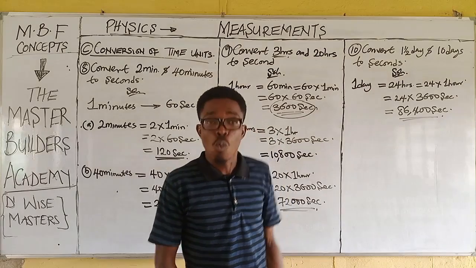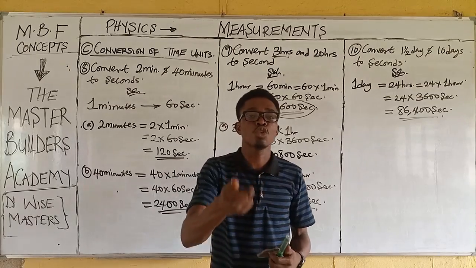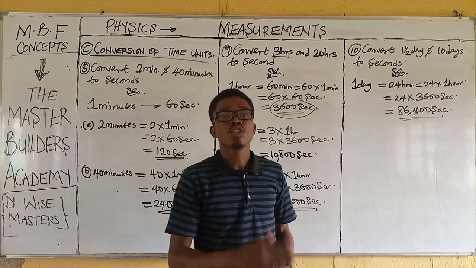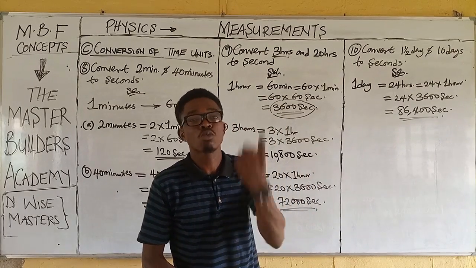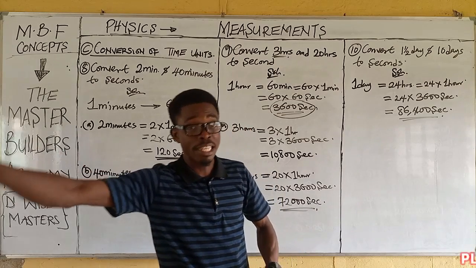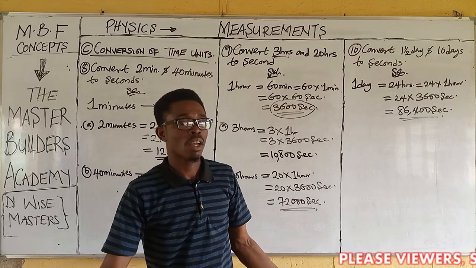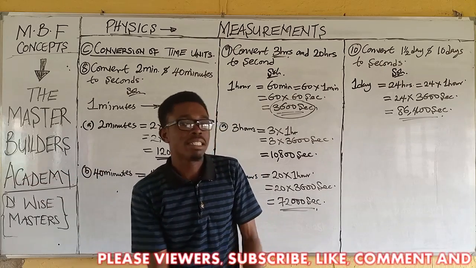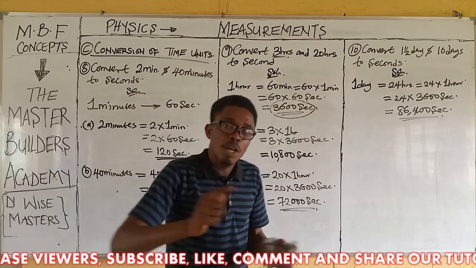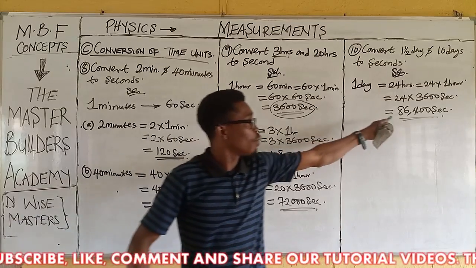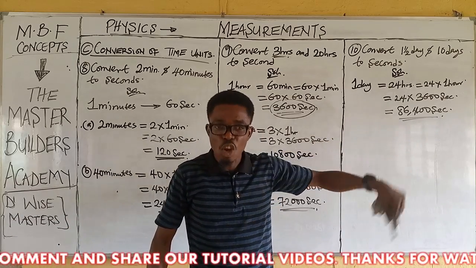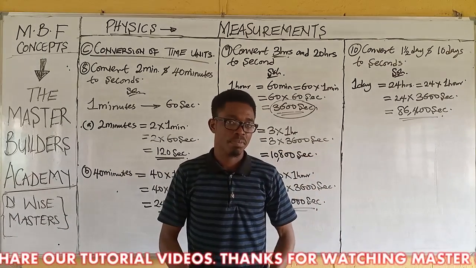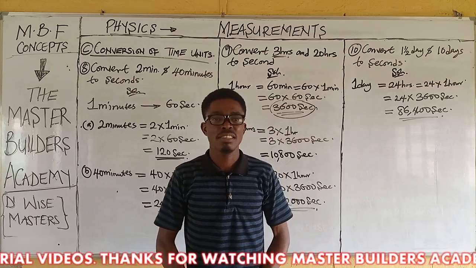I can convert 1 week. Now, if I ask you to convert 1 week to seconds, what do we do? You know that 1 week contains 7 days, right? That's it. 1 week contains 7 days. And 7 days multiplied by what? This value would have given you the number of seconds in 7 days. It's as simple as this.